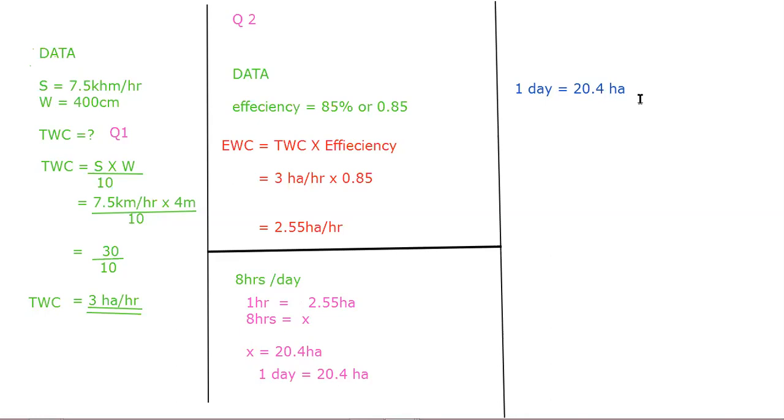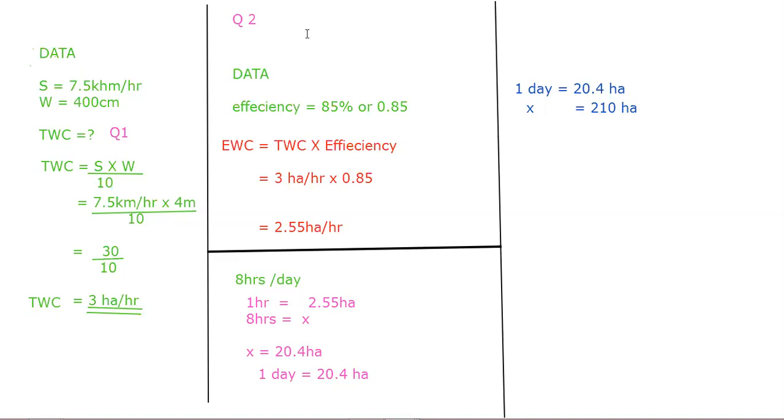If 1 day is equal to that, what if you have 210 hectares on this side? This side is going to be X. So 1 day is equal to 20.4 hectares, and X is equal to 210 hectares.